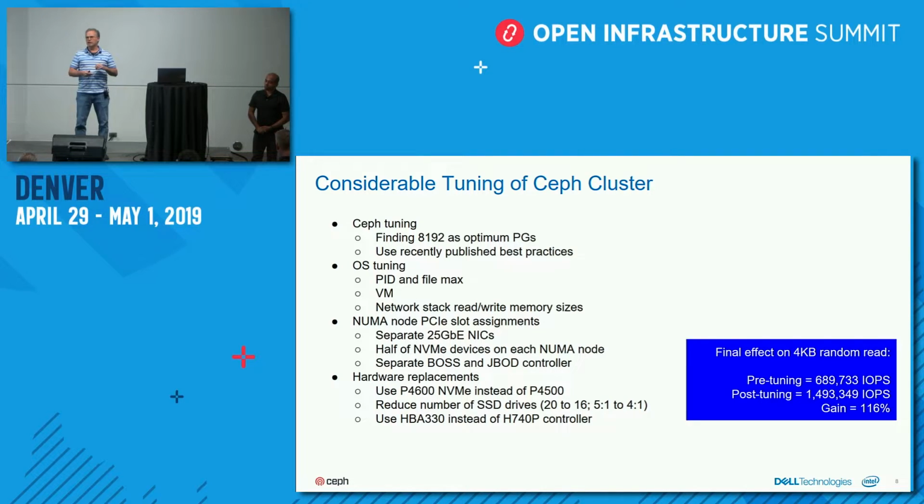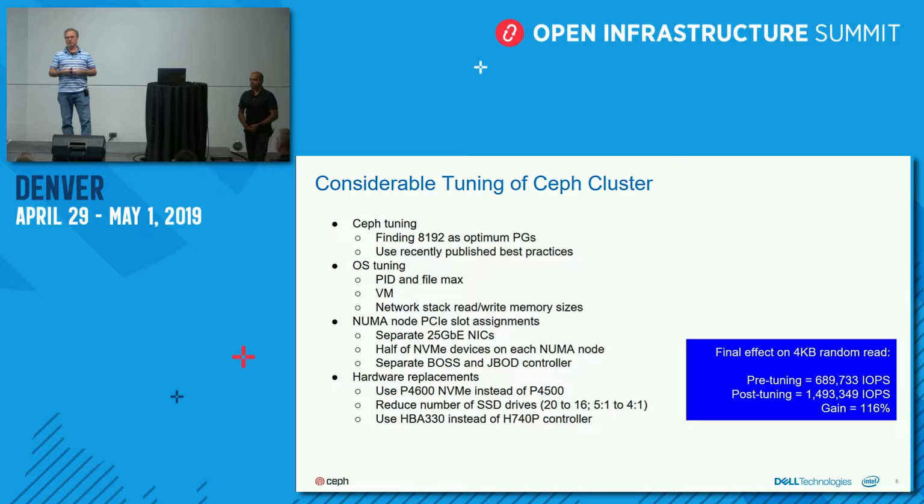And what we found is that, so this 20:4 is a 5:1 ratio. And we found that this ratio was not right because we ended up essentially overrunning the capacity of the NVMe. So as part of this tuning process, we removed 4 of the SATA SSDs, bring it back down to 16, and then that gave us a 4:1 ratio.